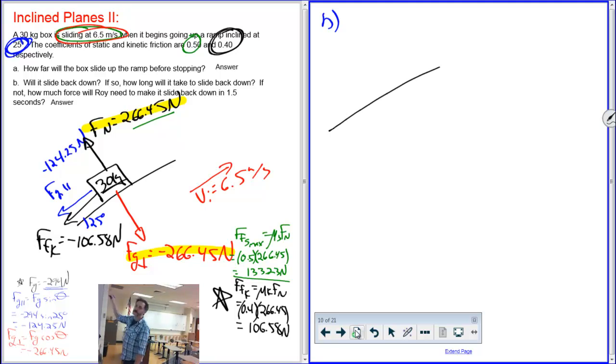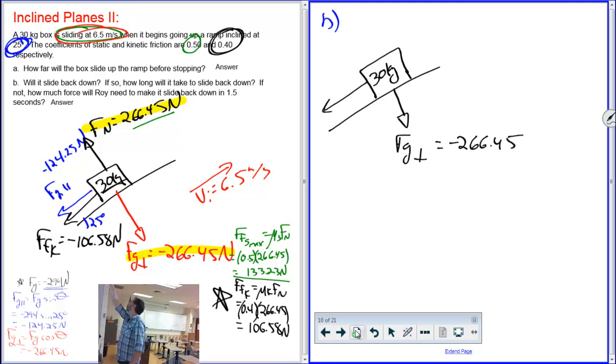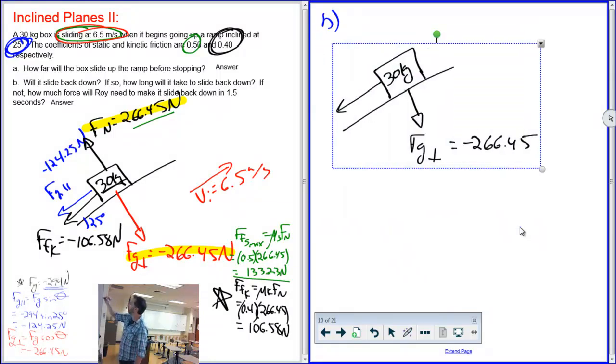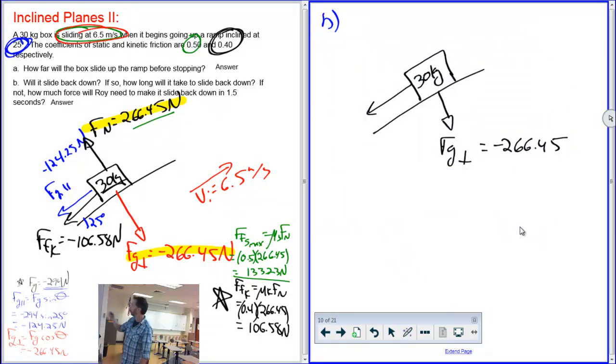Let's make a new free body diagram. We've got a new scenario, so a new drawing, but a lot of it remains the same. I've got my mass. My Fg perpendicular is still negative 266.45. Fg parallel is negative 124.25.